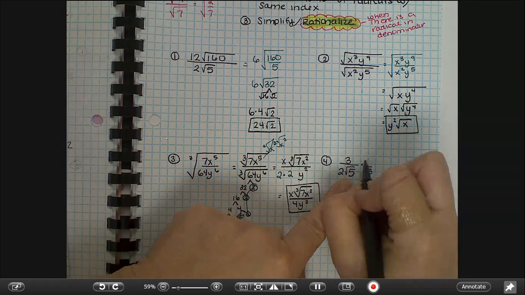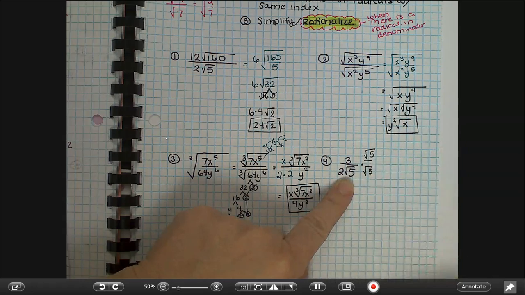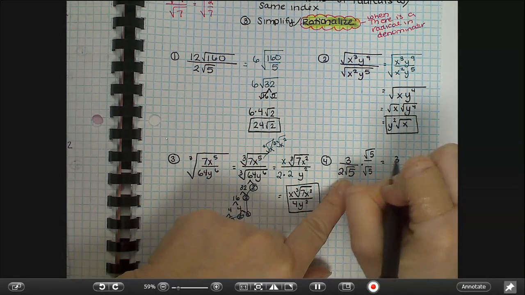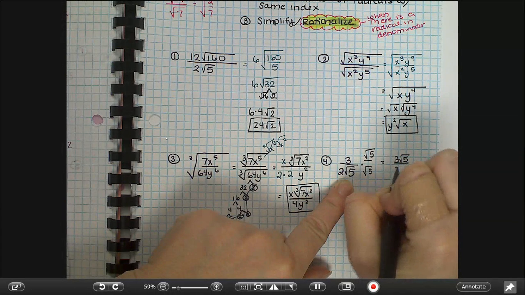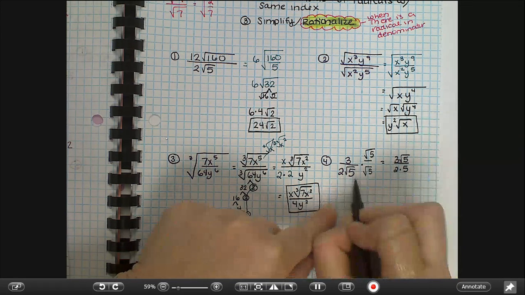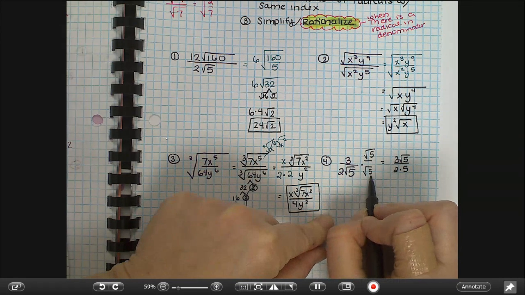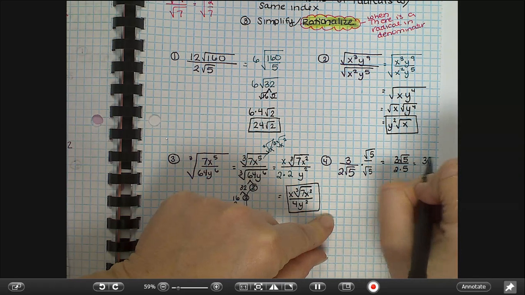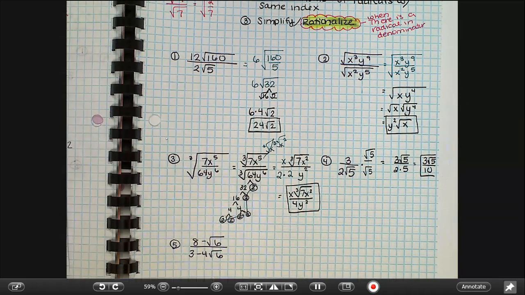But whatever you multiply the denominator by, you have to multiply the numerator by. So we have 3 root 5 over 2 times 5, because again, the square root of 5 times the square root of 5 is 5. So 3 root 5 over 10 is the final answer.